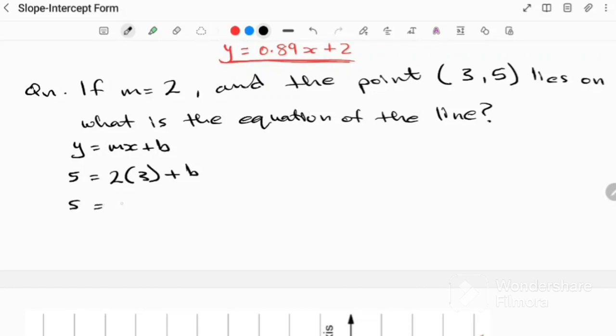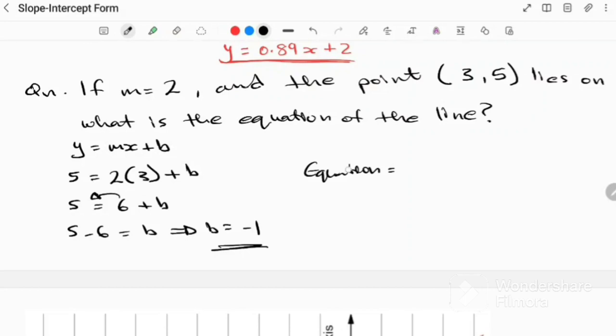2 times 3 is going to be 6 plus b. We're going to move the 6 to this side. So 5 minus 6 is equal to b, and therefore b is negative 1. We're going to use this to find the equation of the line.